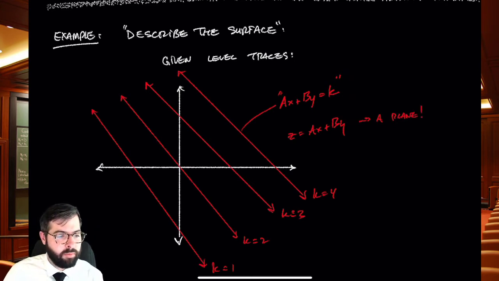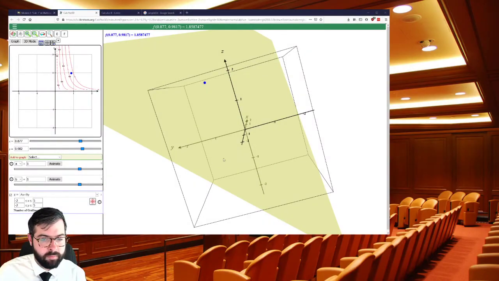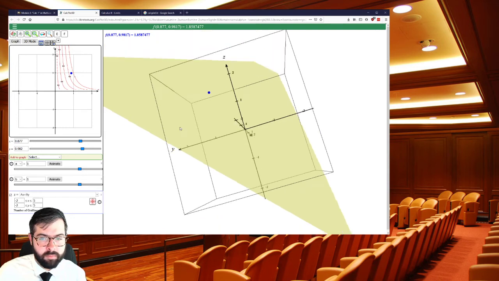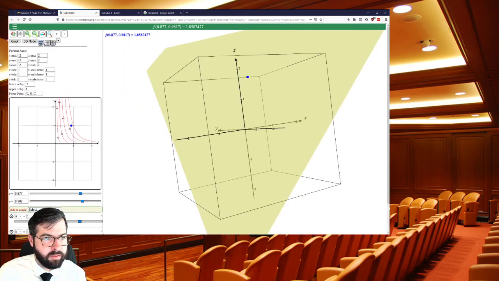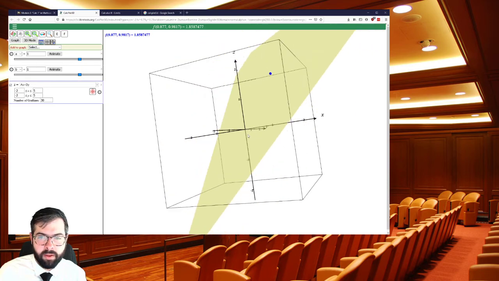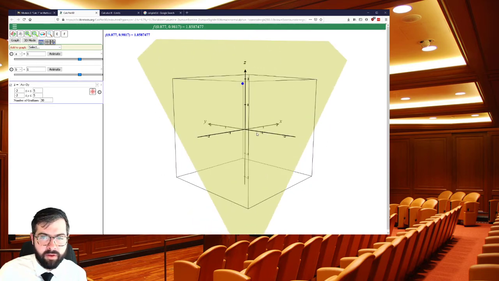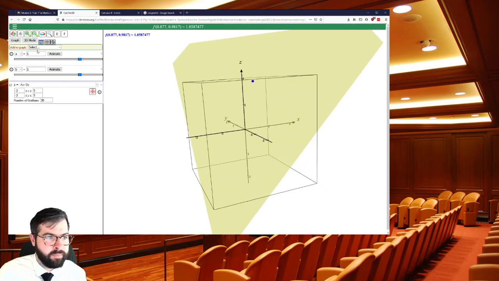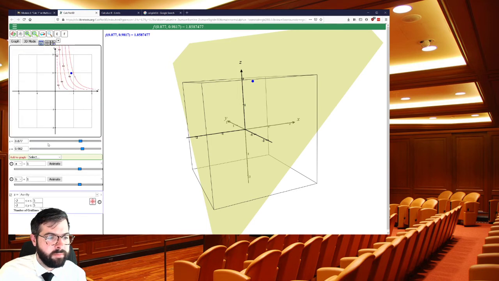Maybe I can quickly draw up one of these here. All right, let's try this. We don't need you any longer. So if a and b are 1, and this is the plane z equals ax plus by, so if I add traces in here, can we do it?